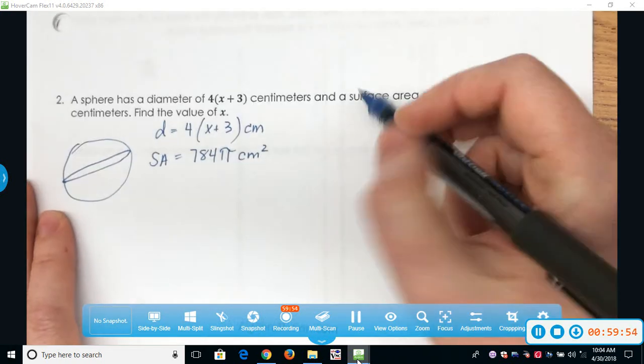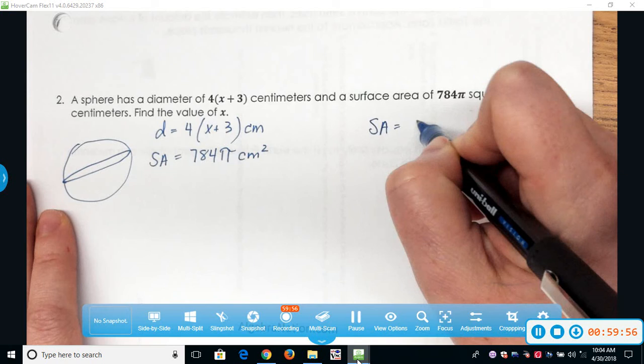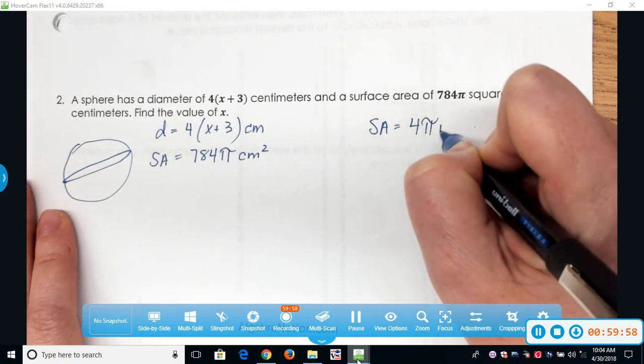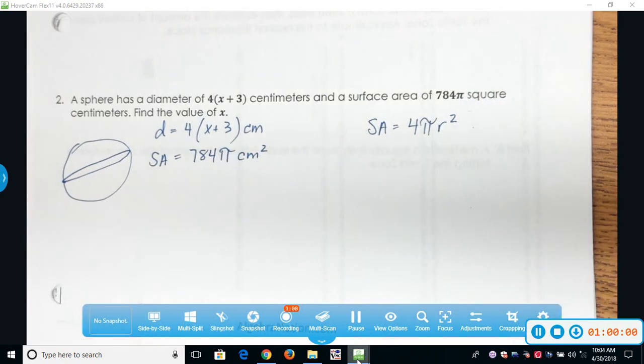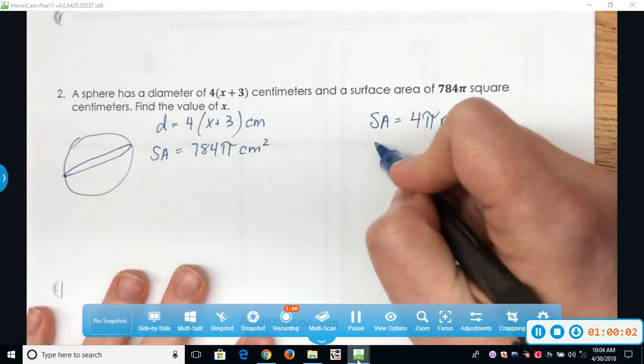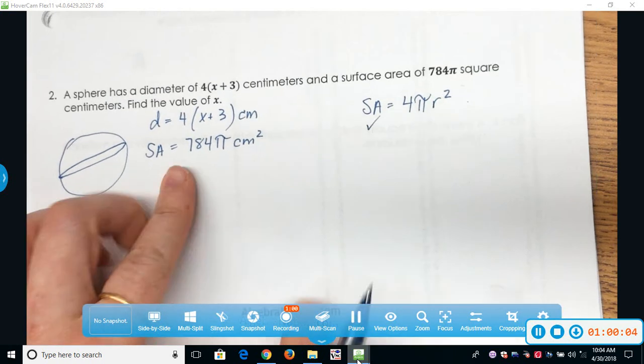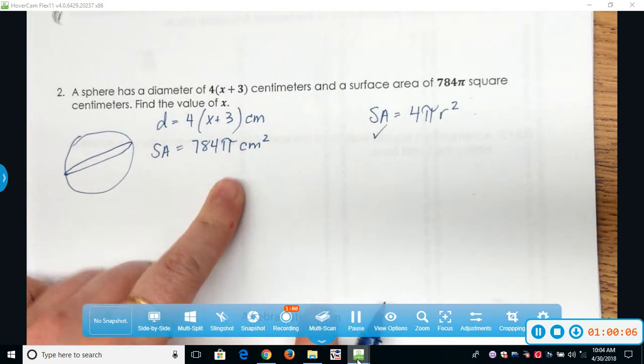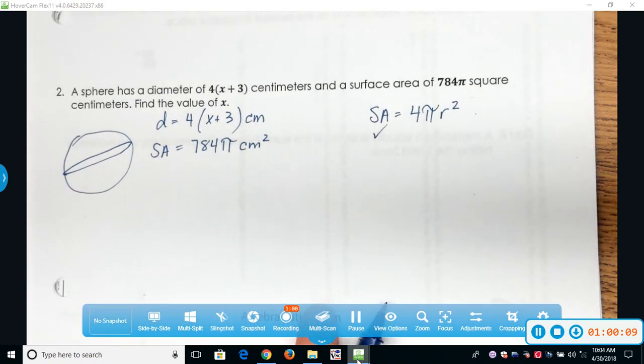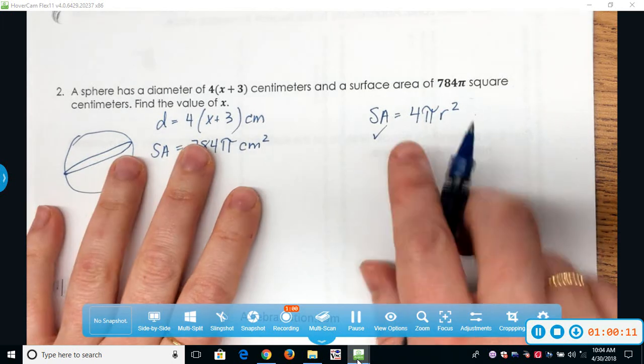All right, so let me just copy my surface area formula. It's 4 pi r squared. So you have it in front of you. So I have this surface area, right? That's the 784 pi. And I want x. I don't really have a radius.